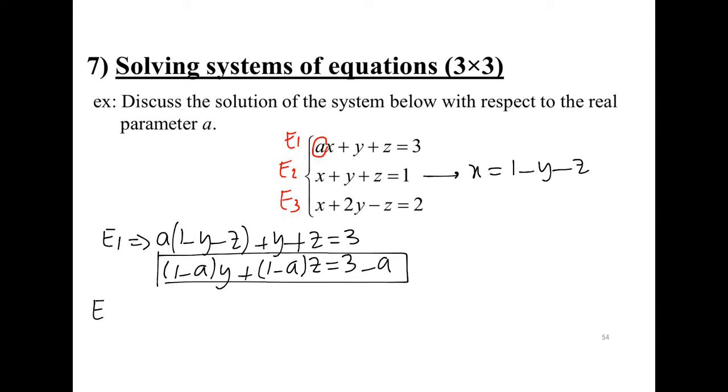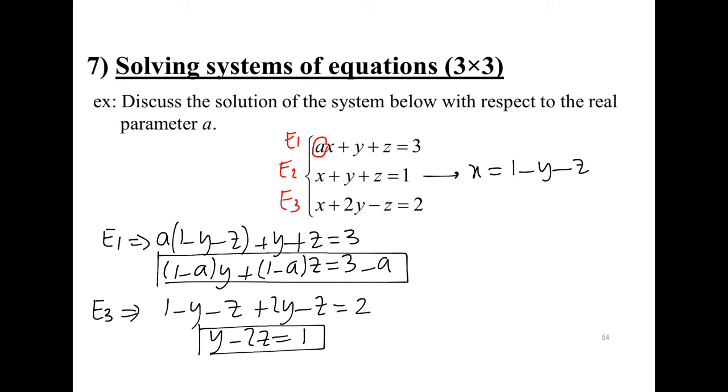Now, as for E3, when I replace x by its expression in E3, I end up with 1 minus y minus z plus 2y minus z equals 2. Then it's y minus 2z equals 1.